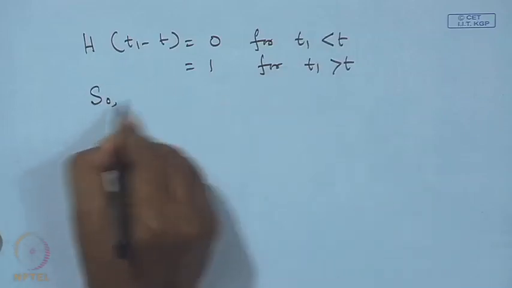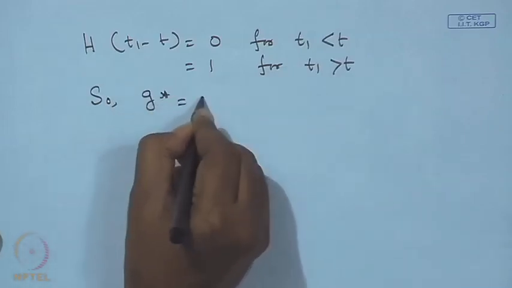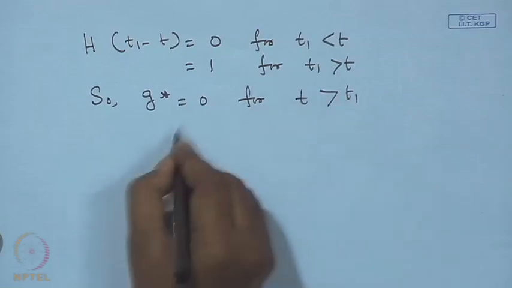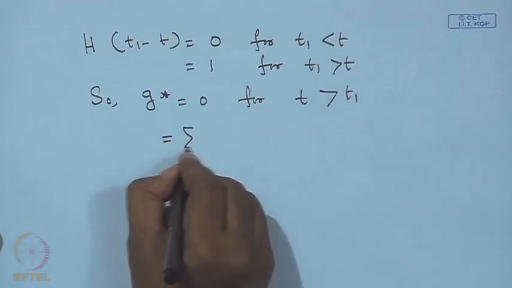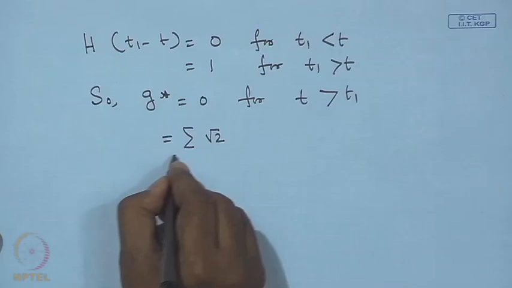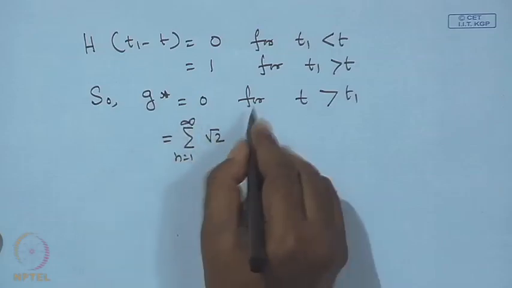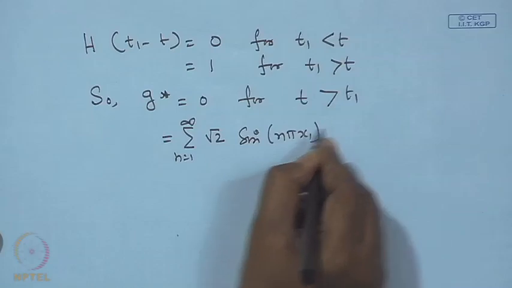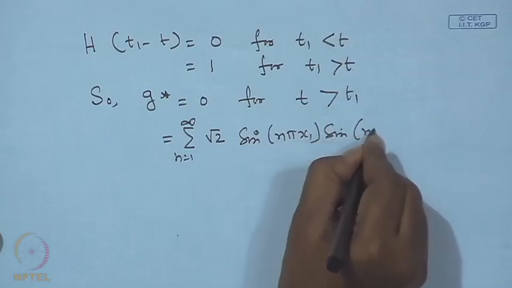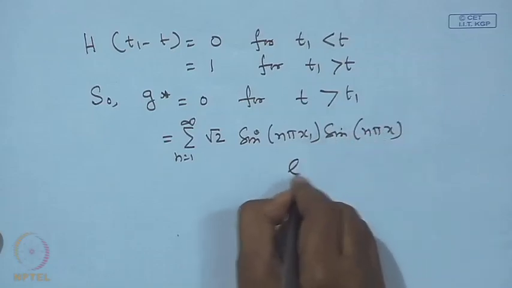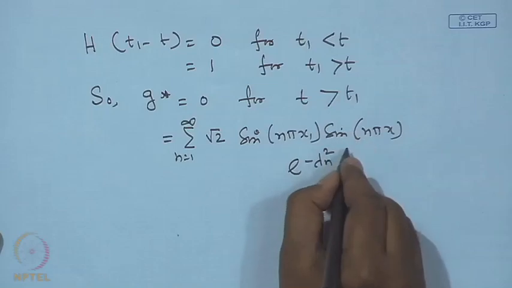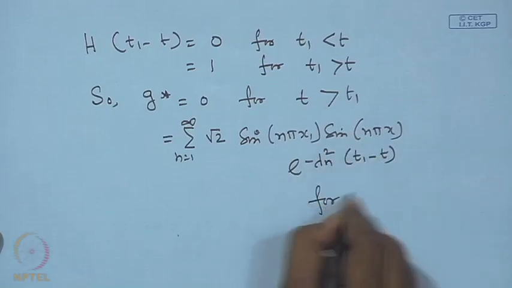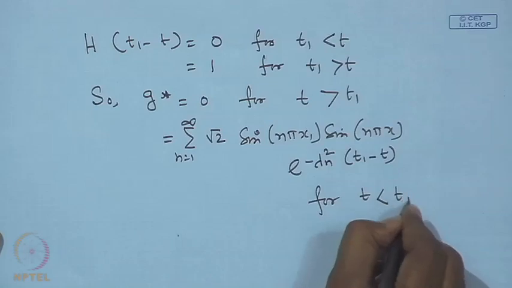So, g star is equal to 0 for t greater than t1, and g star is equal to the summation, root 2, n equals 1 to infinity, sin n pi x1 sin n pi x e to the power minus lambda n square (t1 minus t), for t less than t1.